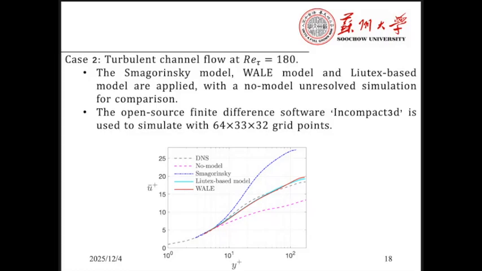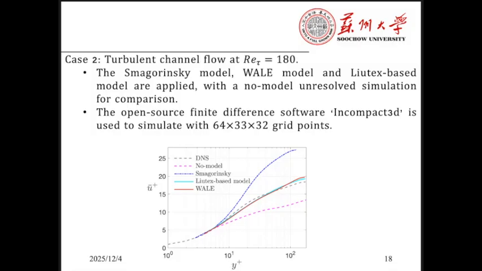The second case is turbulent channel flow at Reynolds tau equals 180. It can be seen that the vortex-based subgrid model and the WALE model give results resembling the DNS profile, while the no-model case and the subgrid model case deviate significantly from the DNS profile due to the lack of eddy viscosity.